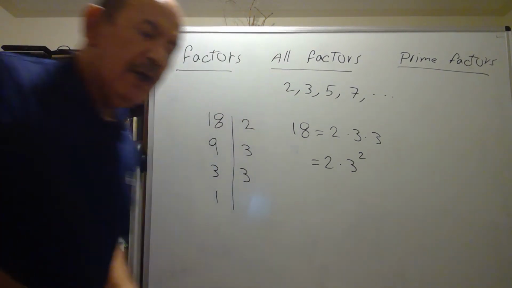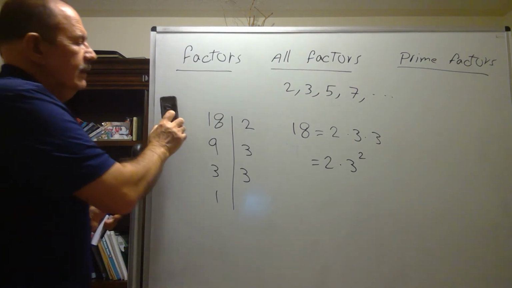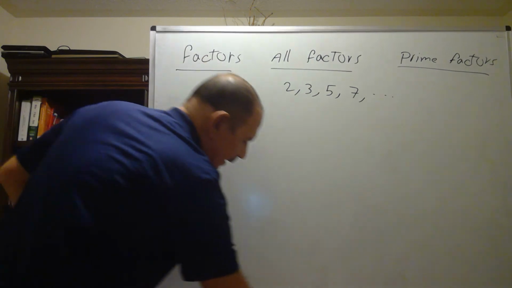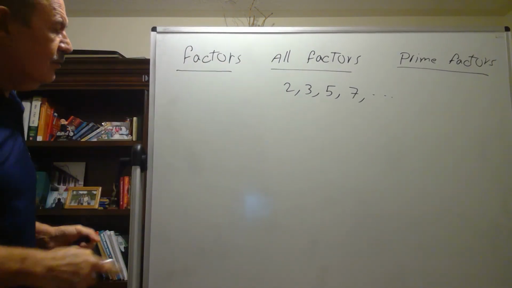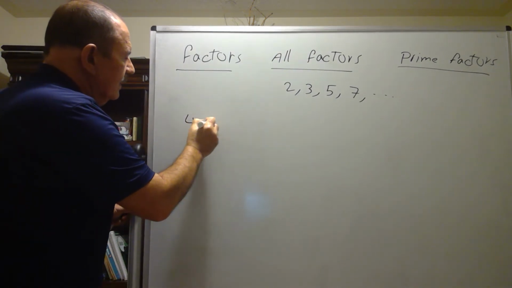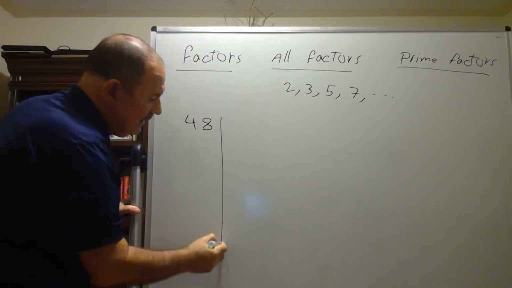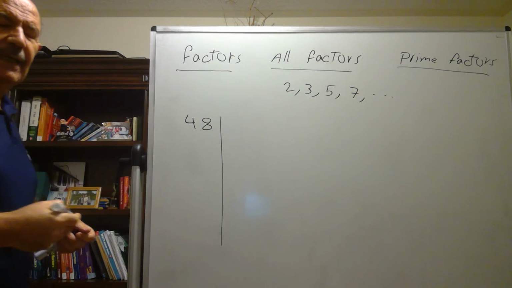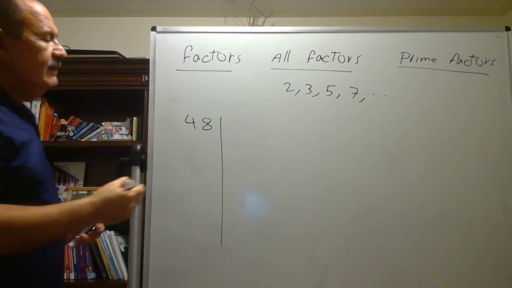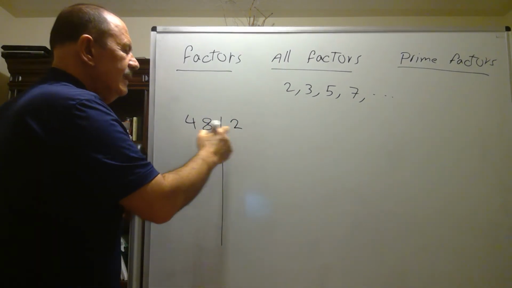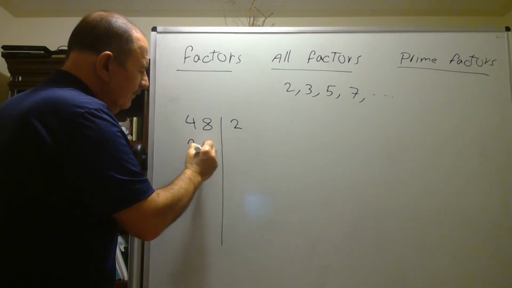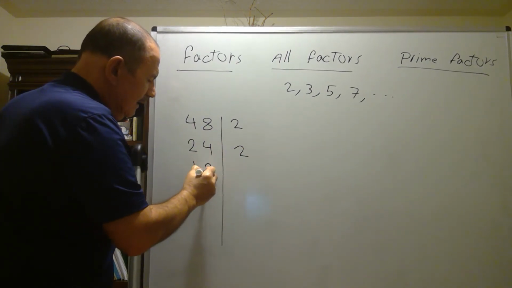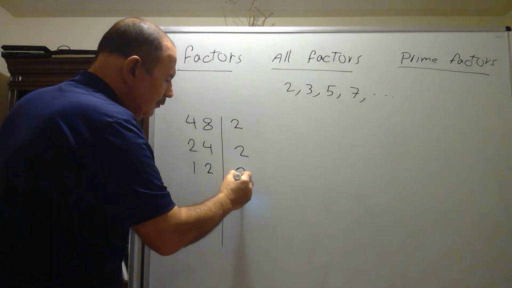Let's find the prime factors of 48. Again, let's start with the smallest prime number, which is 2, because 48 is an even number, so it's divisible by 2. 48 divided by 2 is 24. 24 divided by 2 is 12. 12 divided by 2 is 6. 6 divided by 2 is 3.